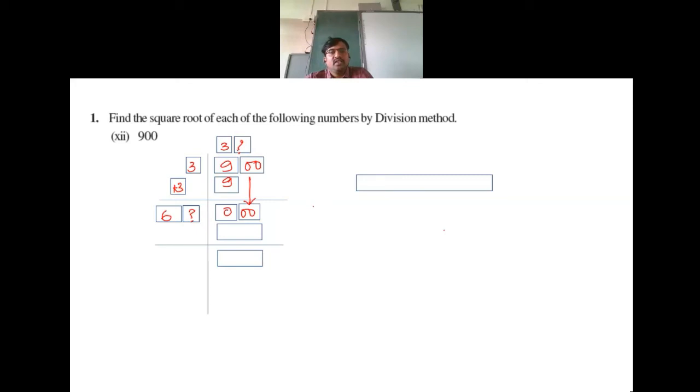Whenever 0 is to be multiplied, 0 into 0 is 0. In class 5 we have learned division. Whenever zeros used to be there, we used to write 0 here and take those two zeros. So same method, we get the root of 900 as 30.